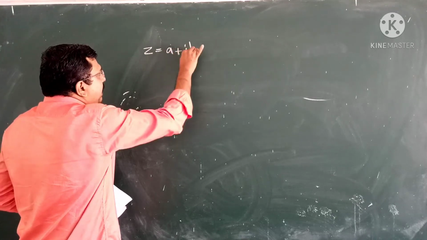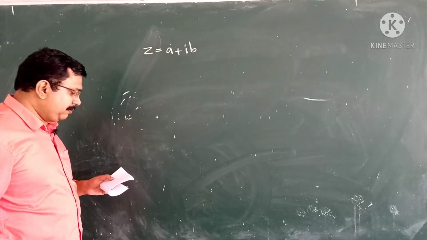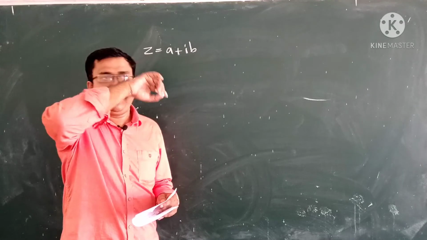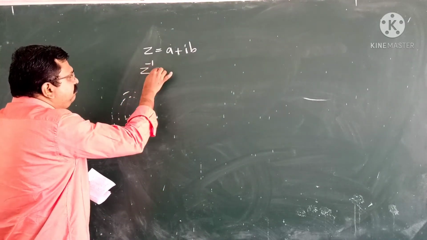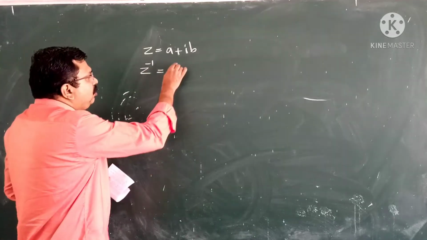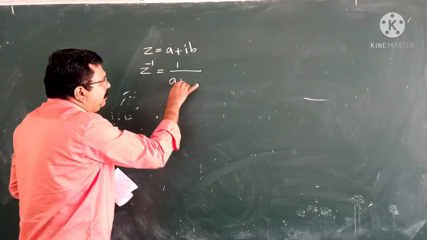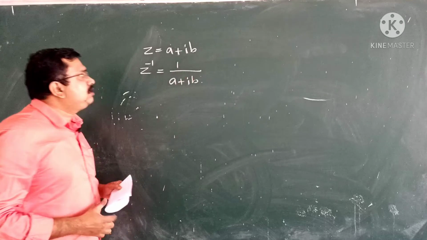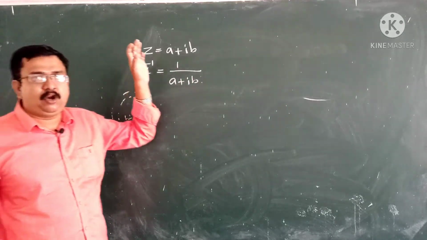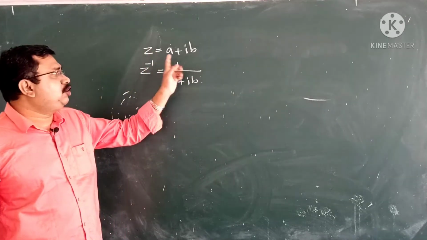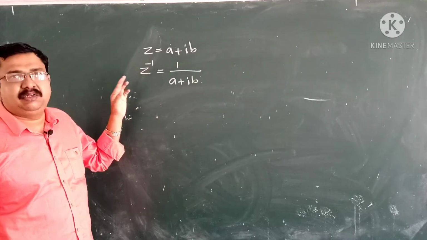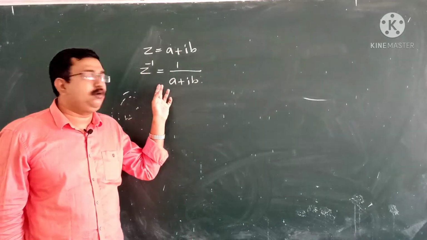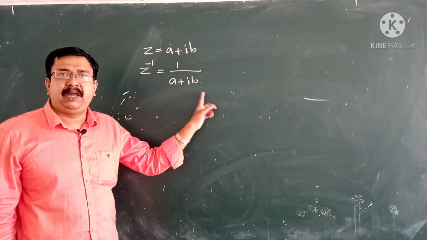Suppose that z is a non-zero complex number, z equal to a plus ib. Then we want to find z inverse. z inverse is equal to 1 by (a plus ib).